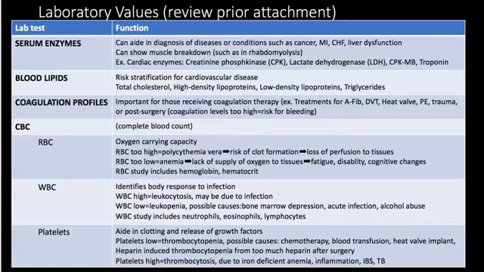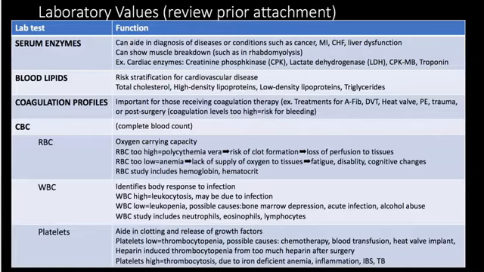If they've had a heart valve replacement, PE, that would be, of course, pulmonary embolism, trauma, and I just mentioned the post-surgery. So it would be very important to know what the coagulation levels are. If they're high, it could be a problem. If they're too low, that could be a problem.